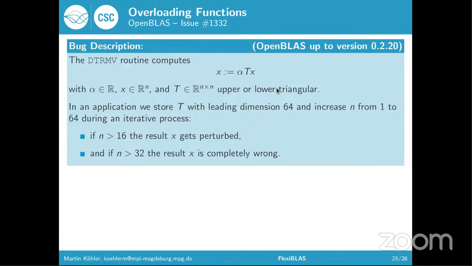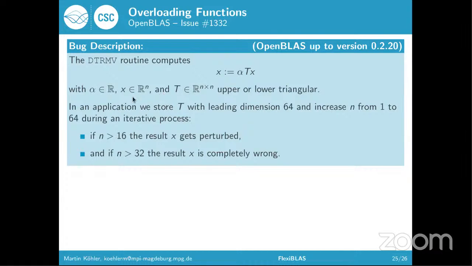Then we ran into trouble with OpenBLAS when I implemented a sophisticated QR algorithm. I want to compute an orthogonal decomposition of a matrix, and I implemented a high performance algorithm. Then I struggled with this DTRMV routine. It computes the matrix vector product where T is lower or upper triangular, so only half of the matrix is filled with values, the others are 0.